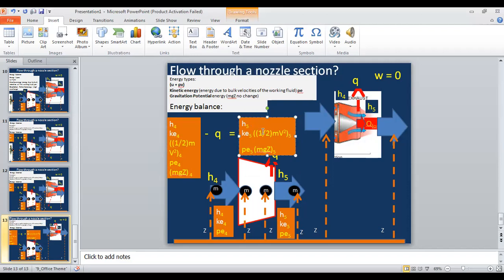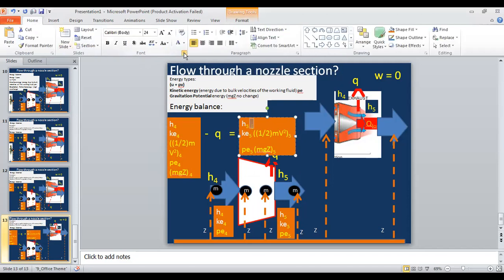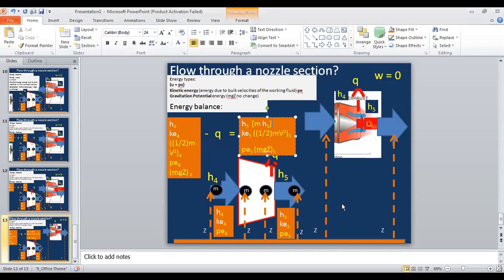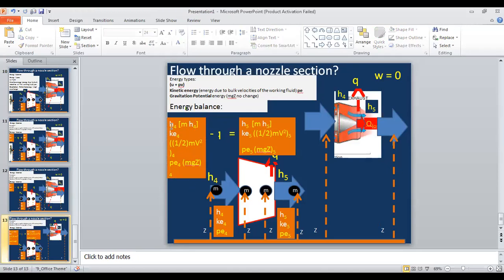So H5, if small h is for 1 kg, then m times H5 is for m kg. Just imagine. m times H4 for m kg. Small h is for 1 kg.